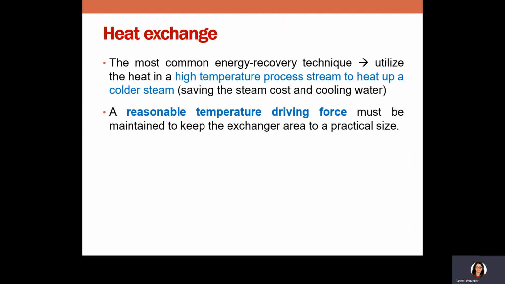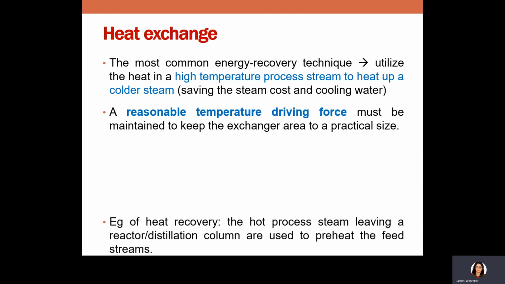So that is our delta T. We need to have a certain delta T minimum for our heat exchanger, so that when we design the heat exchanger, we have a practical size. Because the area of the heat exchanger is also very important, as it has a lot of space requirement in your plant. So make sure that you have minimum delta T used as a driving force for the heat transfer.